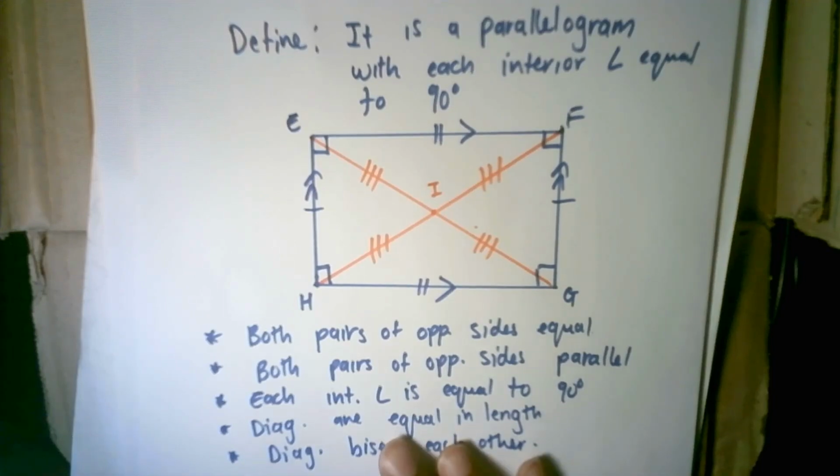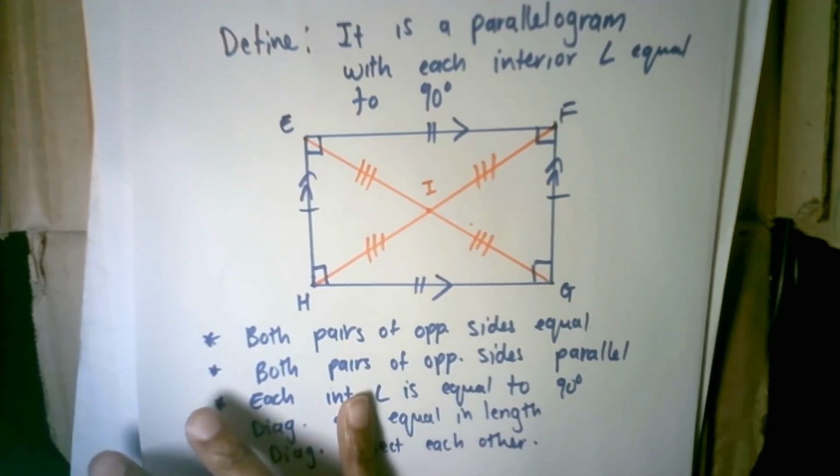Now, moving on from there, we'll move on to the square, right? A square is actually quite an interesting shape as well. So a square is basically a rectangle with all sides equal.